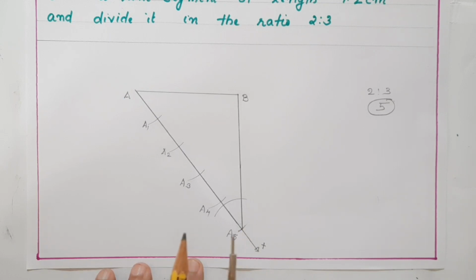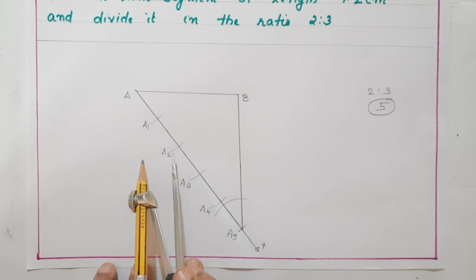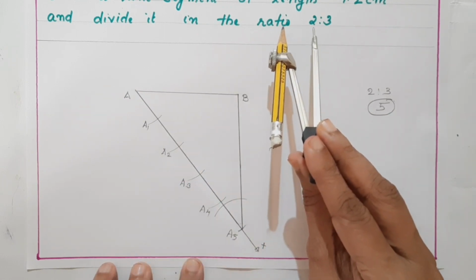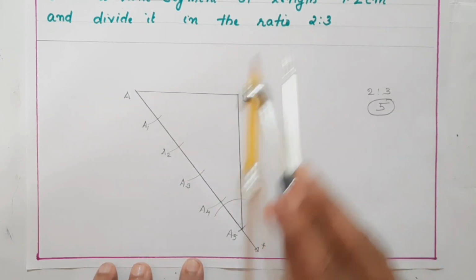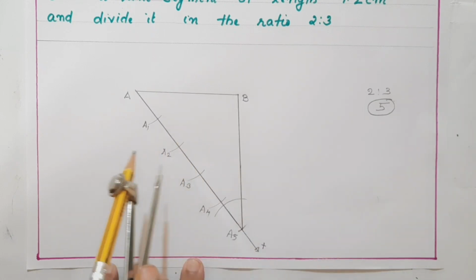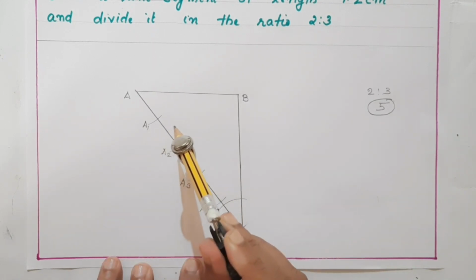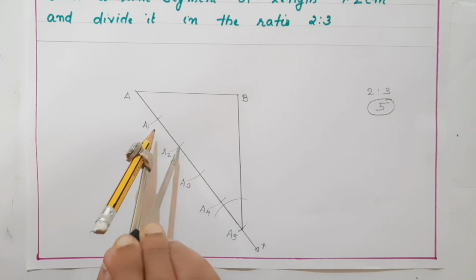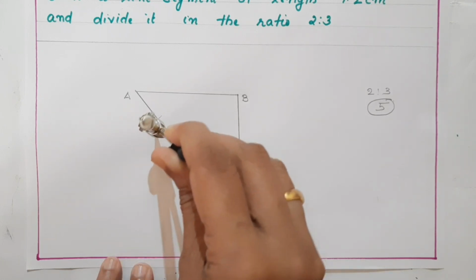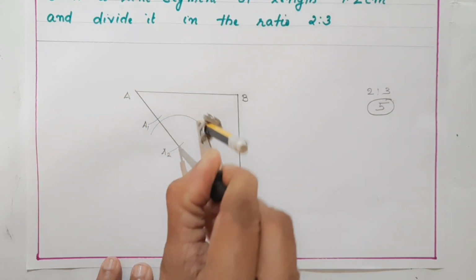Same radius you have to use to draw another arc at A2. That you have to remember. First number is 2. So at A2 we need the parallel line. So fix the compass at A2. Okay, with the same radius draw the arc.